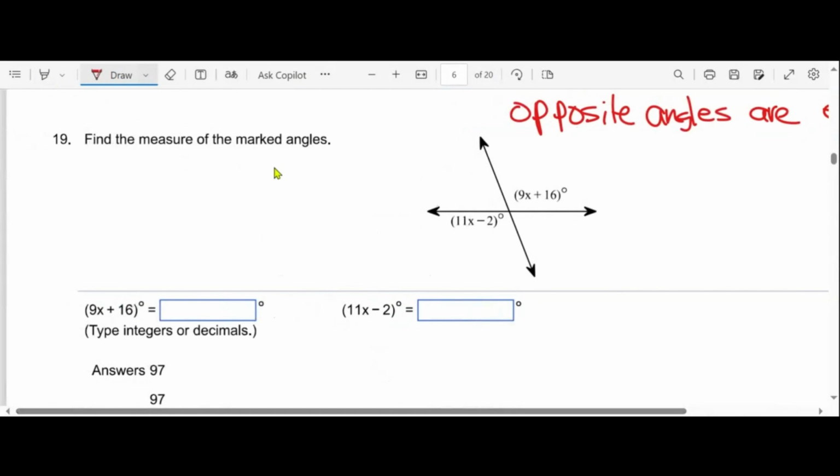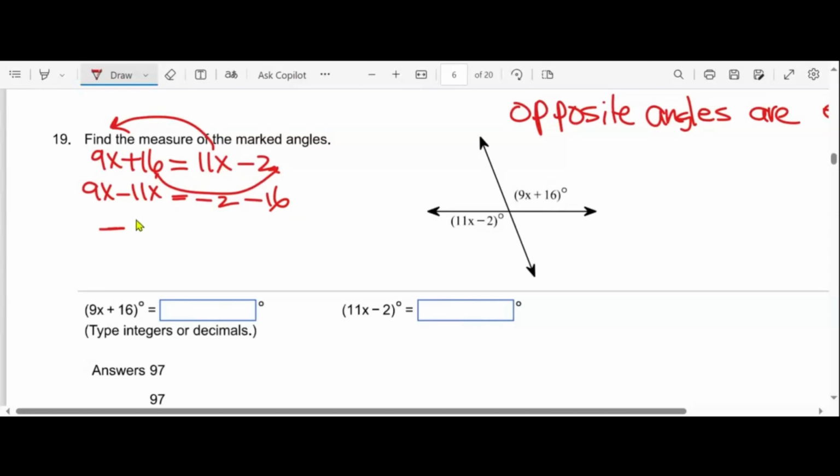Who can tell me? So I say 9x plus 16 equals 11x minus 2. Can I move this 11x to the other side? Can I move the 16 to the other side? So you get 9x minus 11x equals negative 2 minus 16. You get negative 2x, and negative 18 here. So x equals how much? 9.